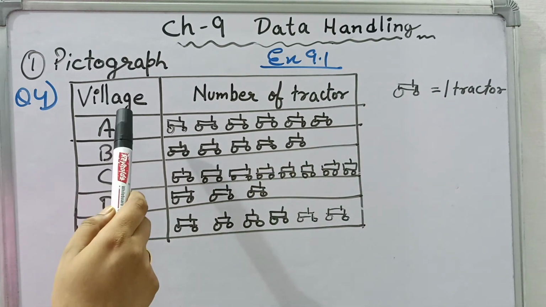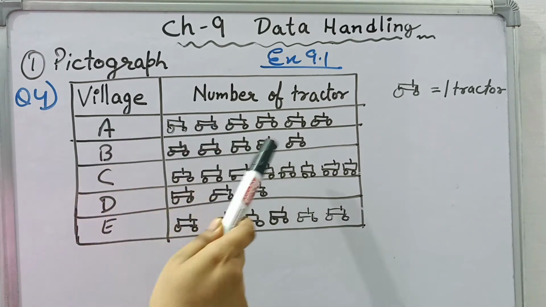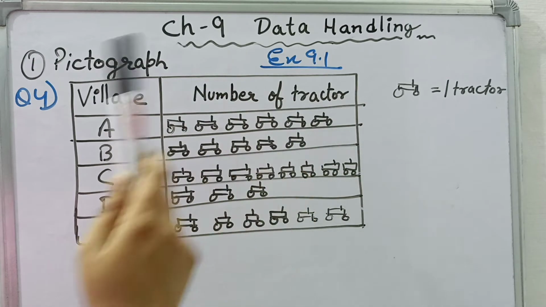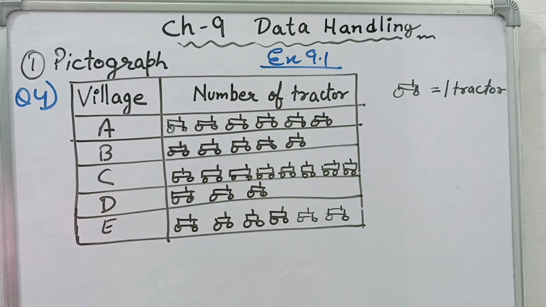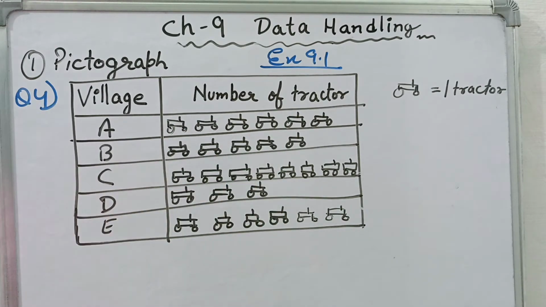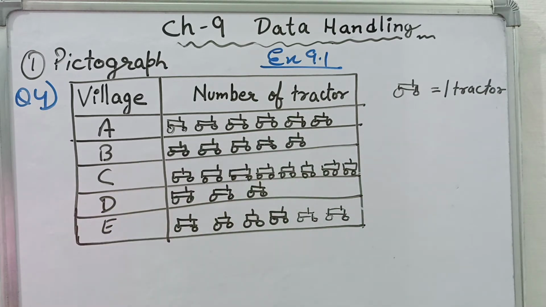So for village A there are 1, 2, 3, 4, 5 and 6. There are 6 tractors. So village A has 6 tractors. In the same way, village B has 1, 2, 3, 4, 5 tractors. Village C has 8 tractors. Village D has 3 tractors and E has 6 tractors.